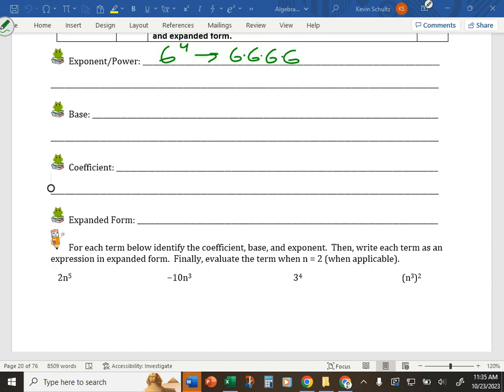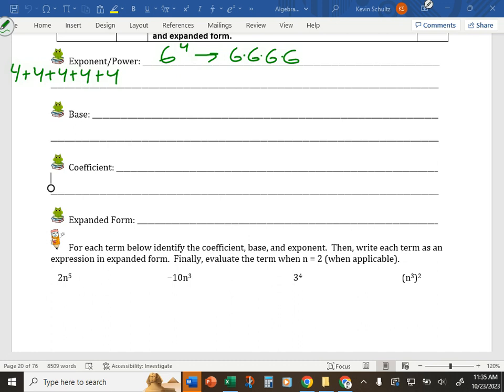Where this comes from is, think back to when you first started learning math in first grade, second grade, you learned how to add. Let's say you had 4 plus 4 plus 4 plus 4 plus 4. You'd say 4, 8, 12, 16, 20.